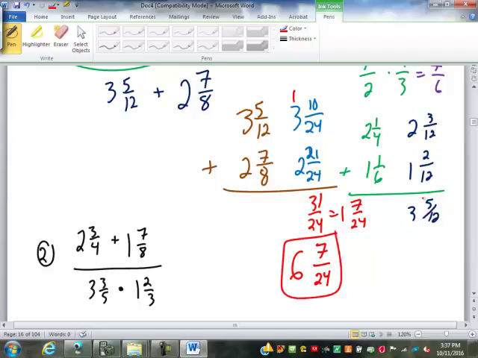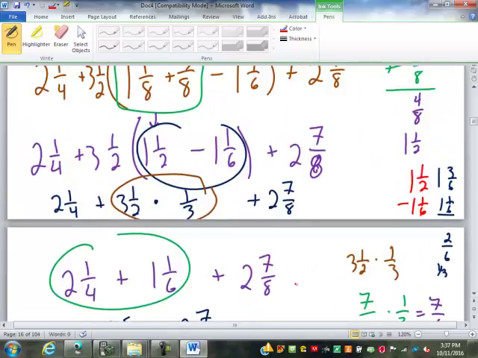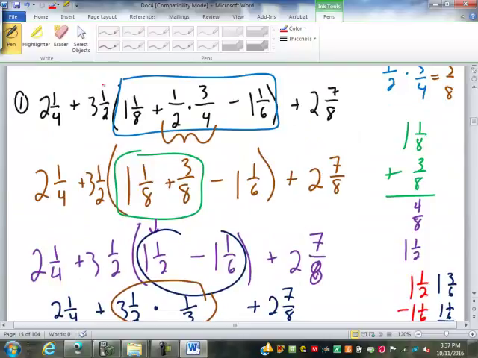Did anybody get 6 and 7/24ths for that? A couple of you? How many are confident that you could get that on your own? It's open for a couple more hands there. You could have distributed the 3 1/2, but if you can combine what's in there, it's easier to combine.